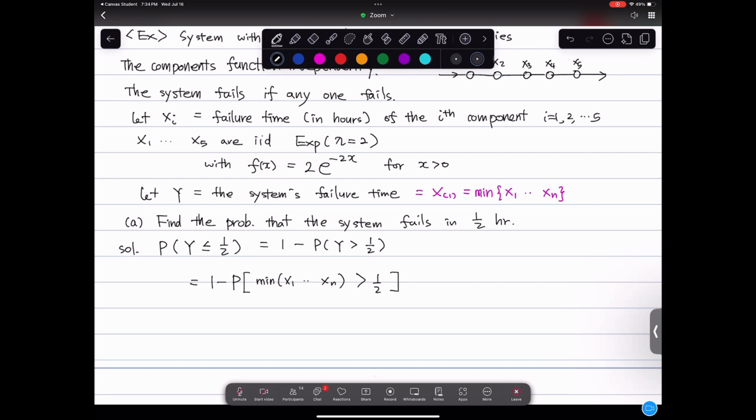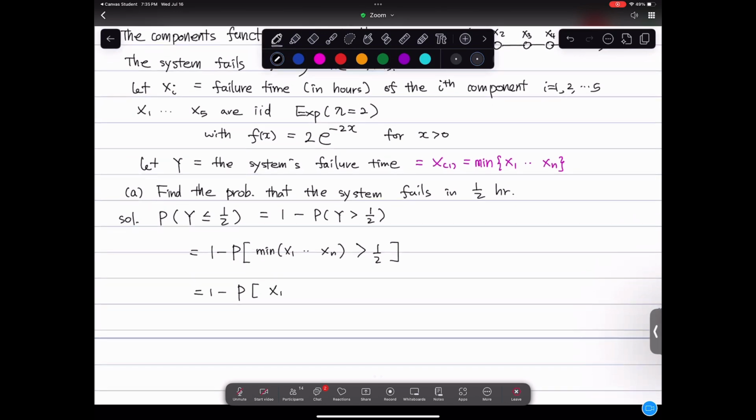Now that makes it simple: as the smallest of these is greater than 0.5, then all of them must be greater than 0.5. That's what it means: the first component has to last longer than these 30 minutes, also the second longer than 1/2. So everything has to be longer than 1/2.